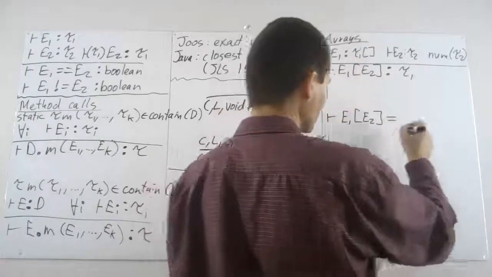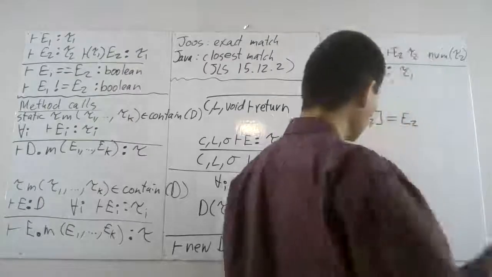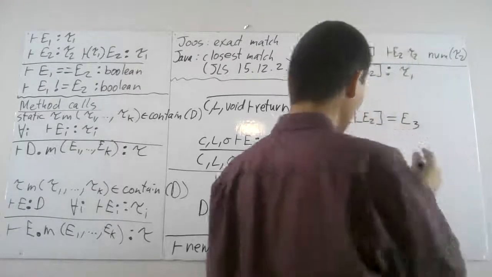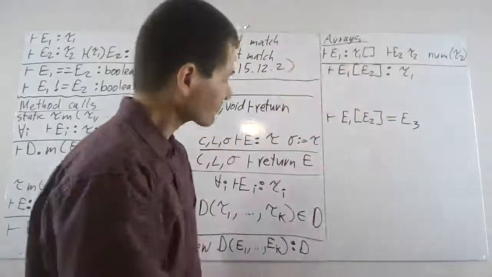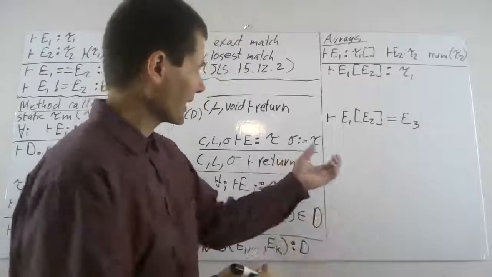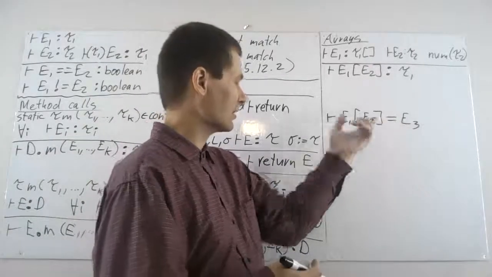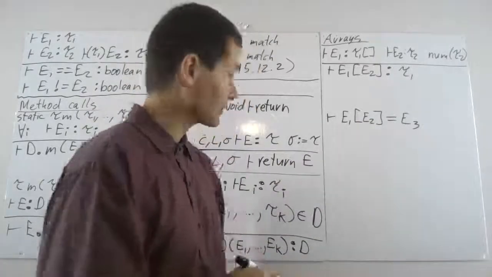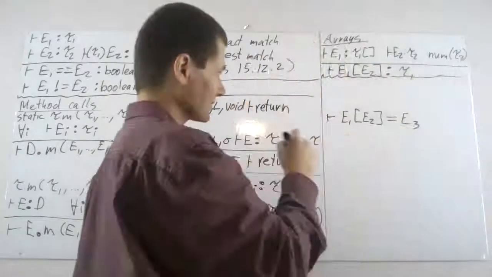It's an assignment with an array expression on its left-hand side. We had assignments with variables, then we had assignments with fields on the left-hand side, and now we have assignments with arrays. So we're going to separate things.